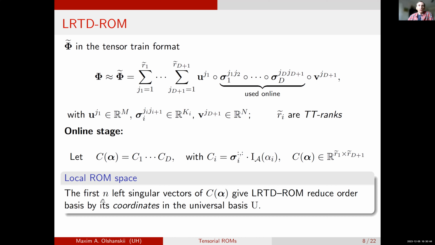We take the first n, which is small, left singular vectors of C, and these n left singular vectors are the coordinates of our reduced order basis in the universal reduced space U.